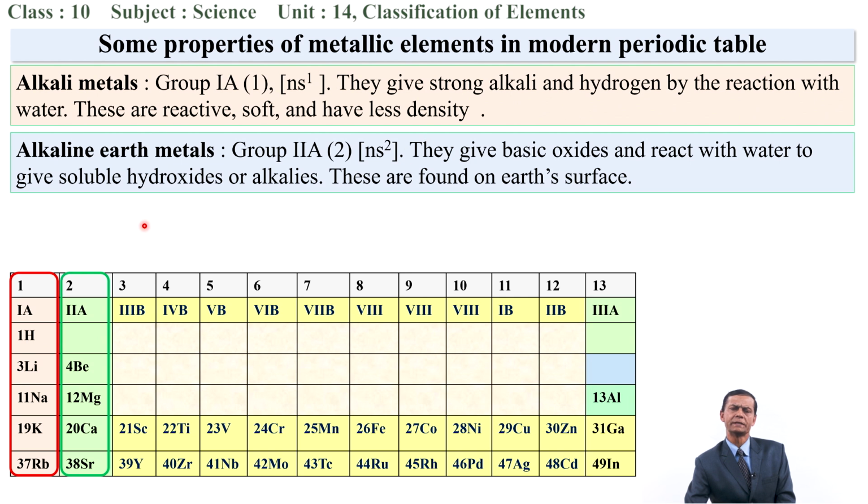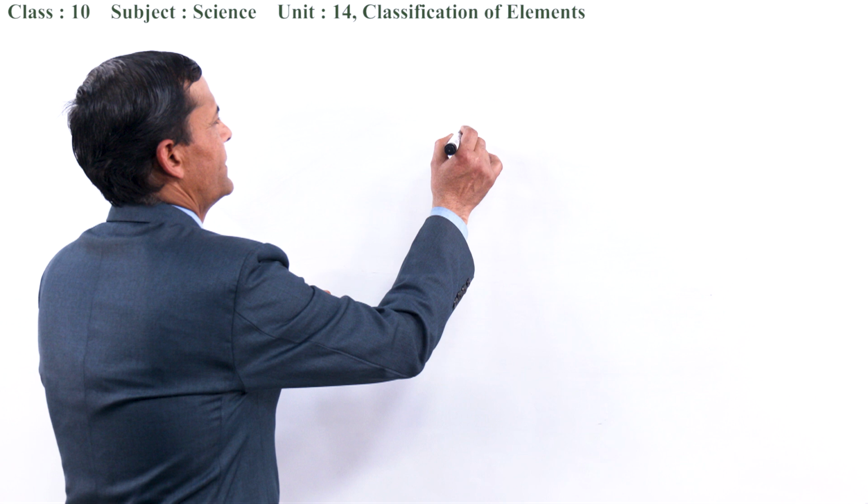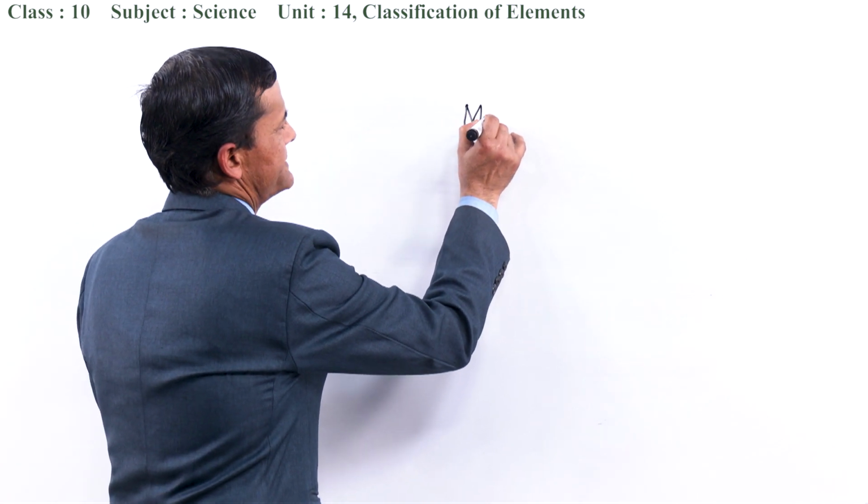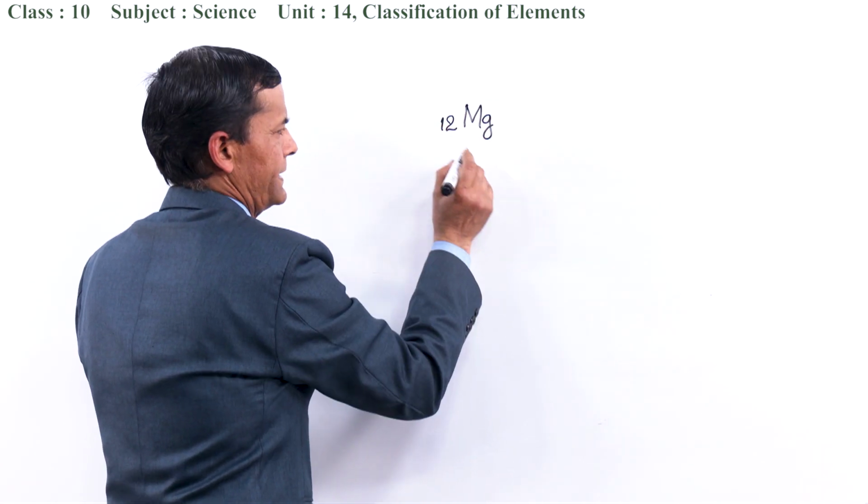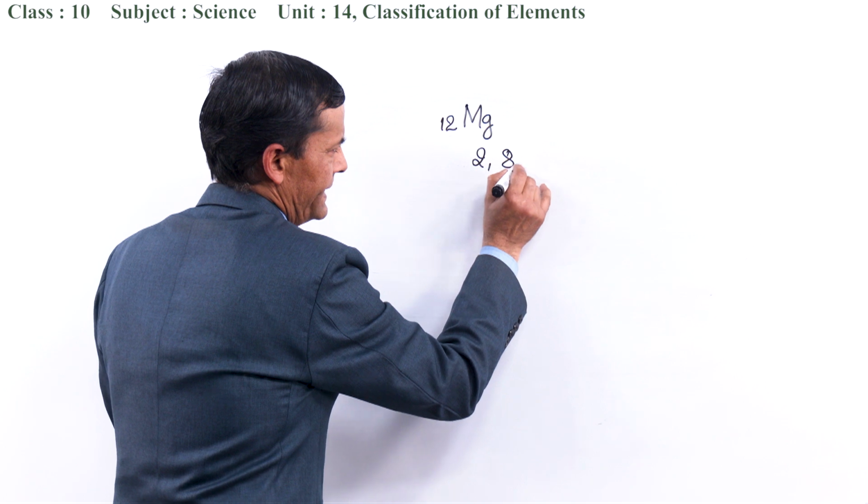Similarly, another group is alkaline earth metals. Look at it, this highlighted group II or group 2. Group 2A elements, whose electronic configuration represents ns2. Look at here. Magnesium, atomic number 12, 2, 8, 2.